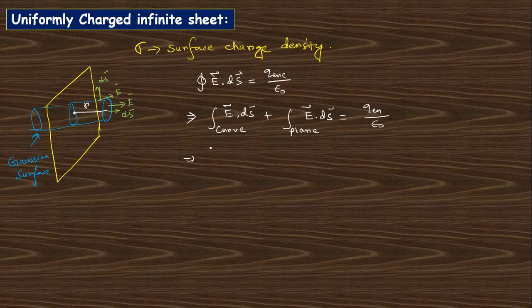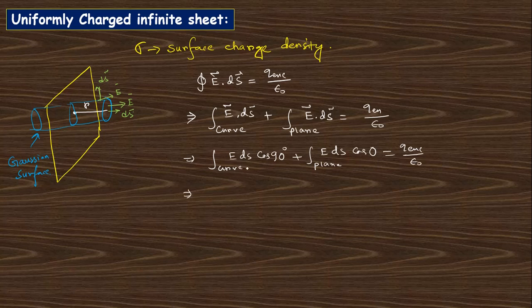Now for the curved surface, you can see the field and area vector are perpendicular, so E ds cos 90 is zero, whereas for the plane surface they are parallel, that is E ds cos 0, which equals q enclosed by epsilon naught.